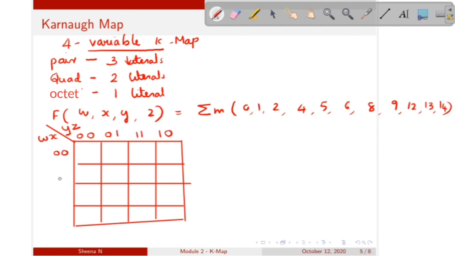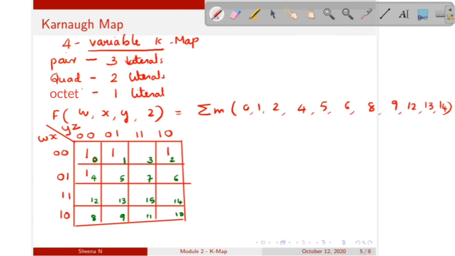WX also has values 00, 01, 11, 10. So this square represents the minterm 0. Here it is 1, 3, 2, 4, 5, 7, 6, and here it is 8, 9, 11, 10, 12, 13, 15, 14.